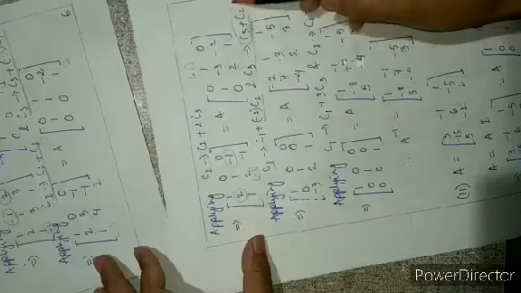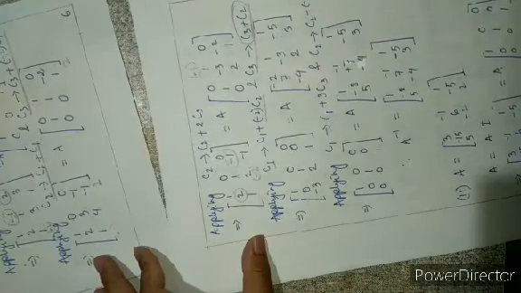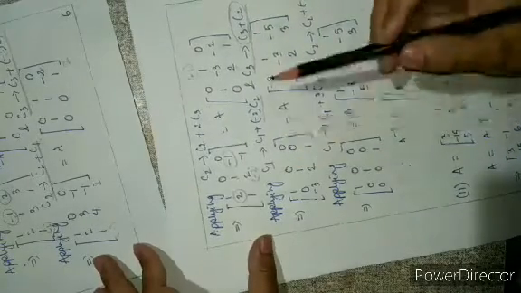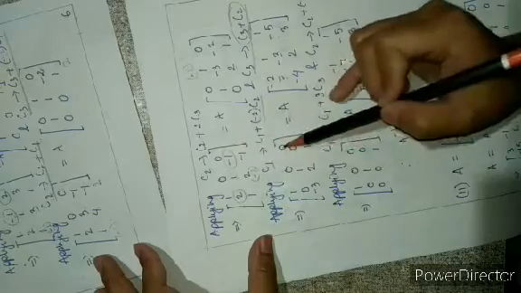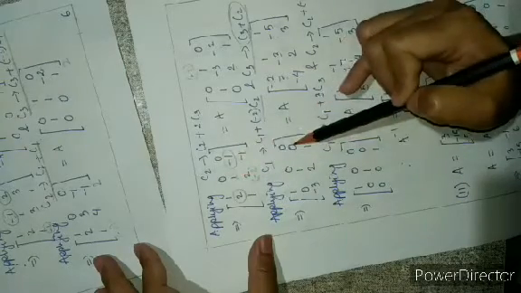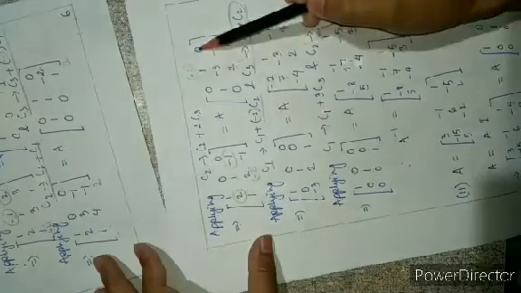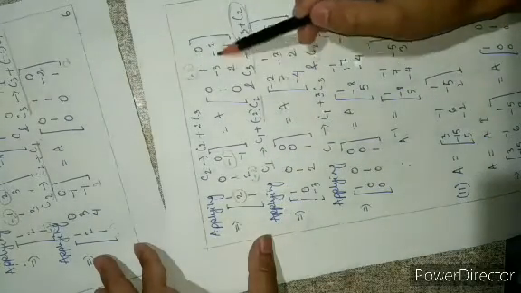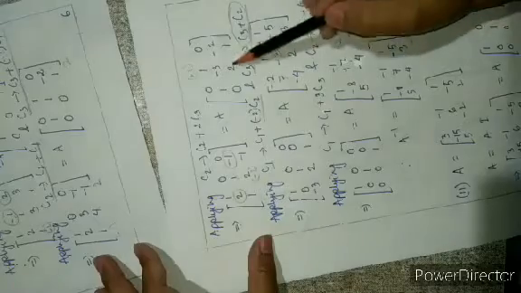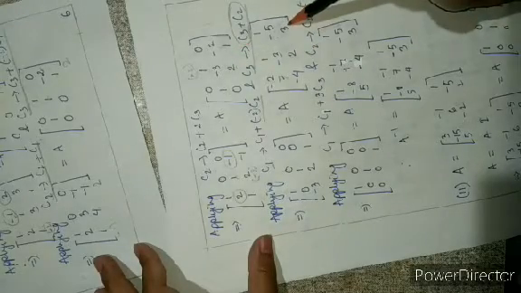For column 3, find the sum of column 2 and column 3: 0 plus 0 is 0, 1 plus -1 is 0, 2 plus -1 is 1, 1 plus 0 is 1, -3 plus -2 is -5, 2 plus 1 is equal to 3.